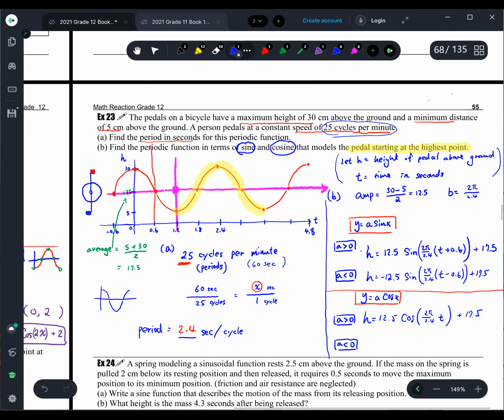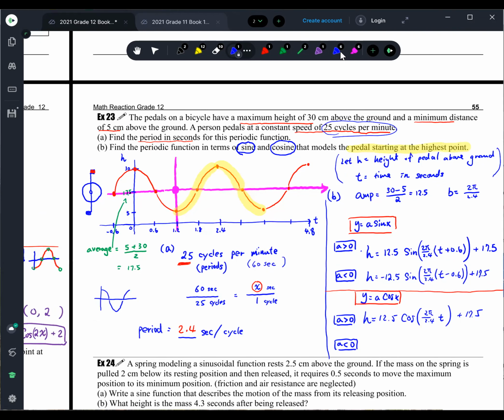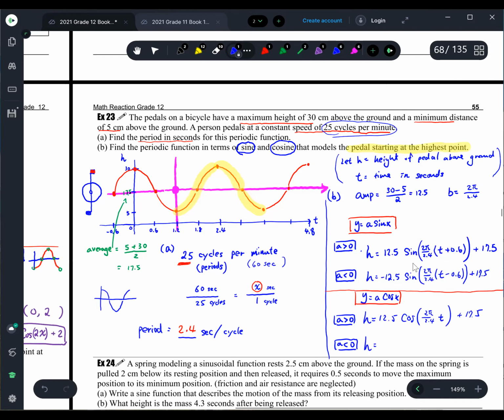Caleb, what's your function for this one? h is equal to minus 12.5 cosine bracket minus pi over 2.4t plus 17.5.